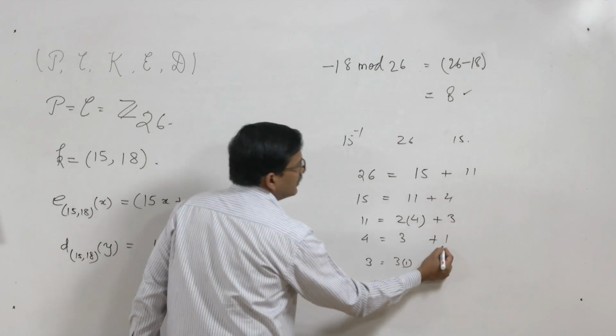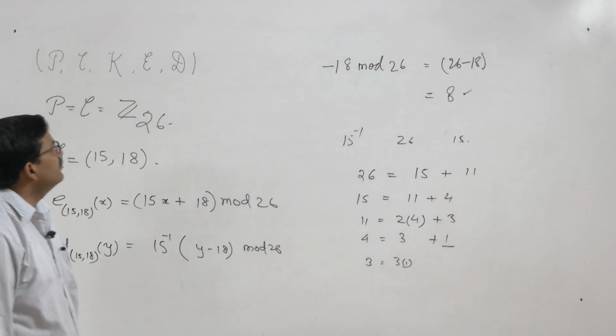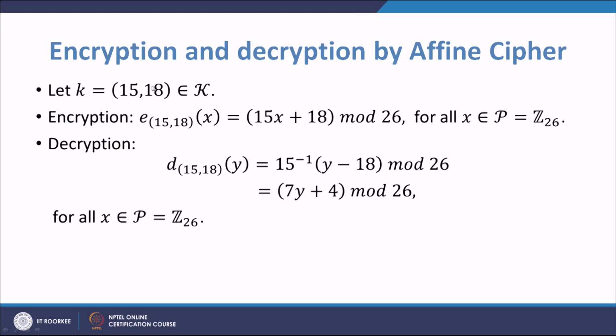So, we know that 1 is the greatest common divisor between 26 and 15. We run this thing backward.